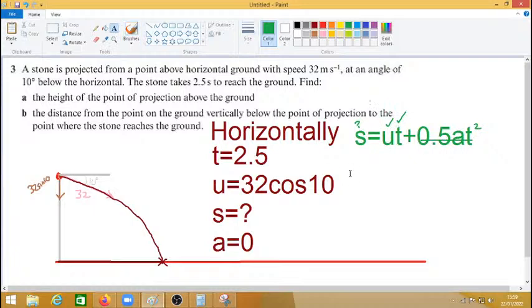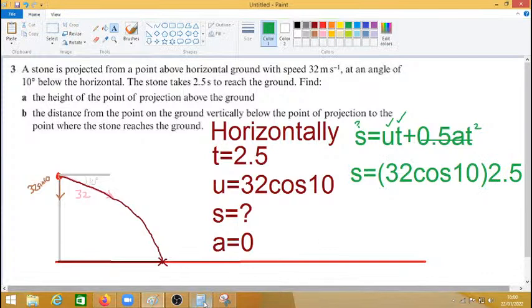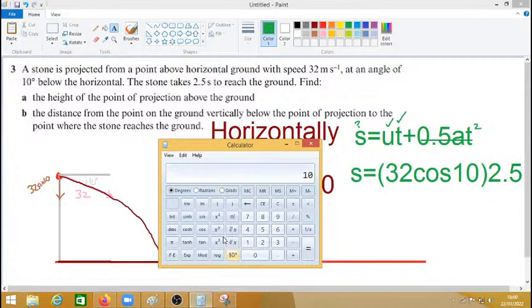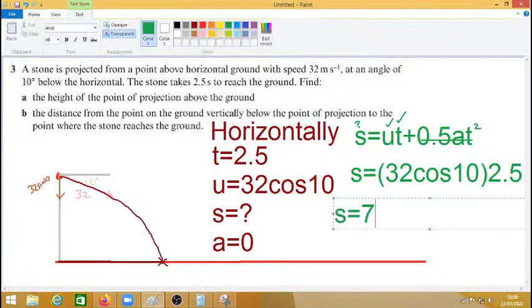All we're left to do is s equals 32 cos 10 times by 2.5. That's your 32 cos 10 times that by 2.5. And you work out that the horizontal distance is 78.7846. Good.